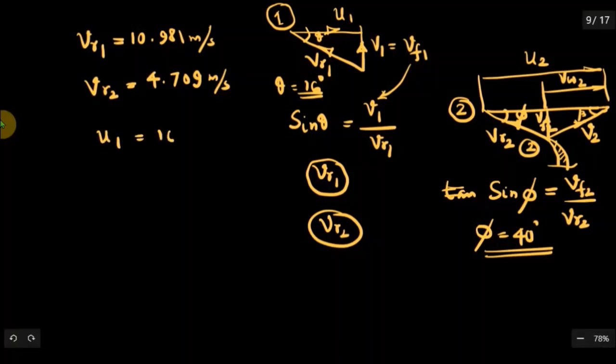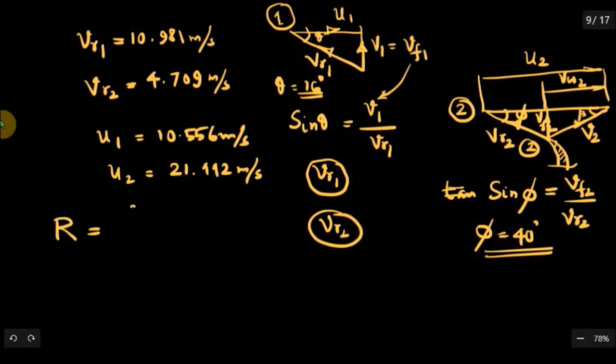U1 is 10.556 meter per second, and U2 is 21.112 meter per second. In the formula shown earlier, the degree of reaction R is equal to the term 2 plus 3 divided by 1 plus 2 plus 3.